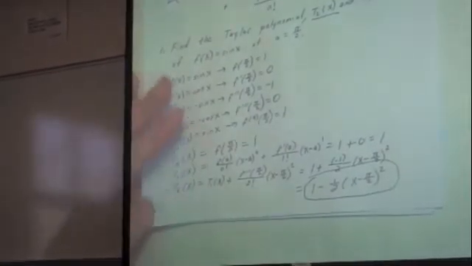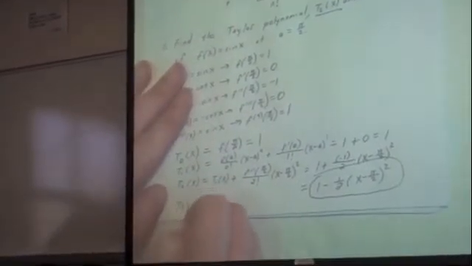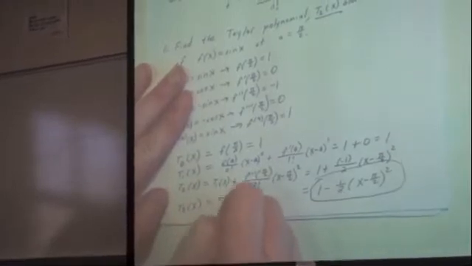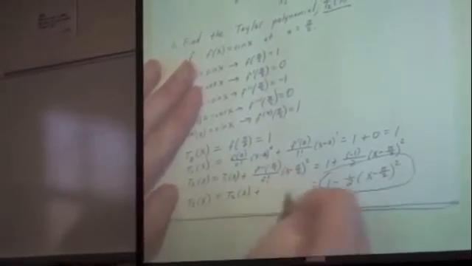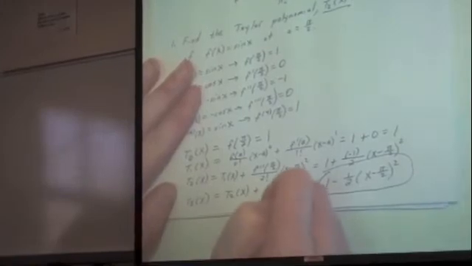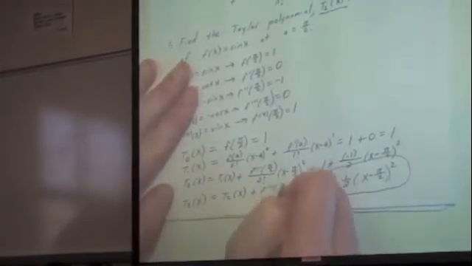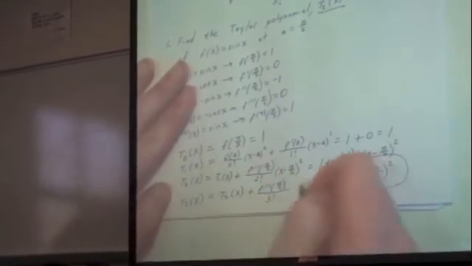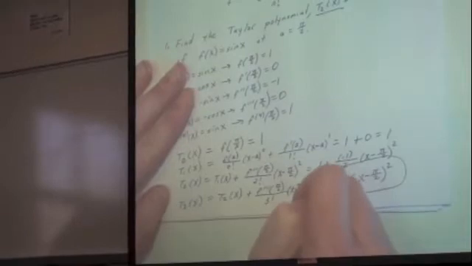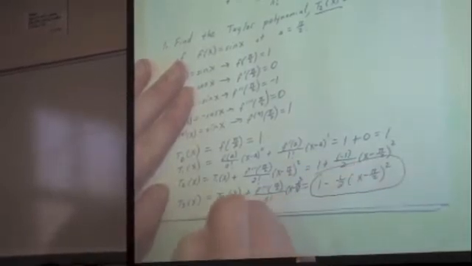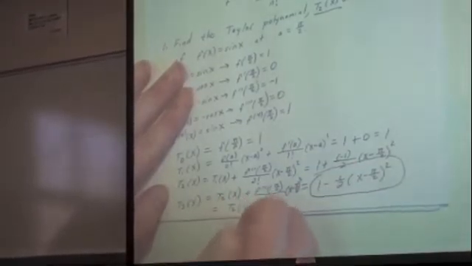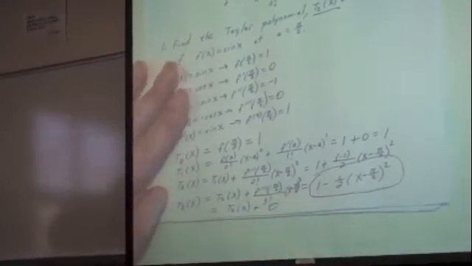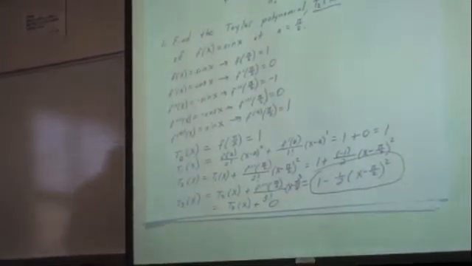So I'd say, I know the third Taylor polynomial would equal T2 of x plus the triple prime pi over 2 over 3 factorial x minus pi over 2 cubed. But I know that that's just equal to the second Taylor polynomial plus 0. So now I can work to the fourth Taylor polynomial.